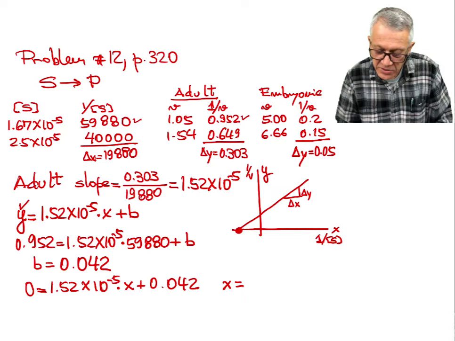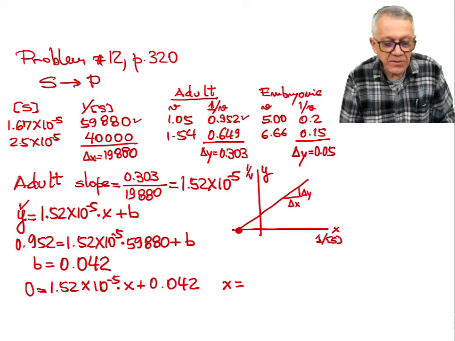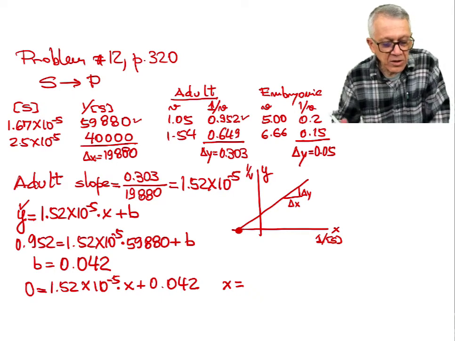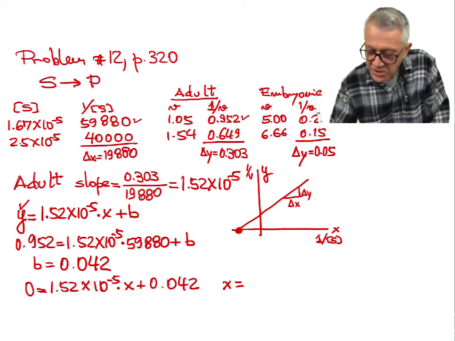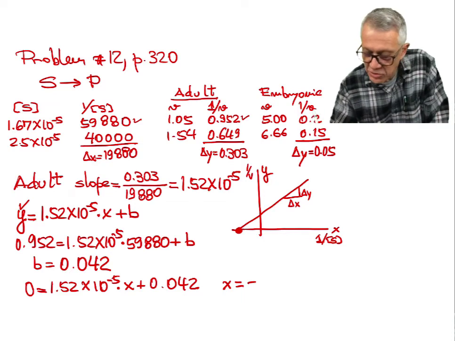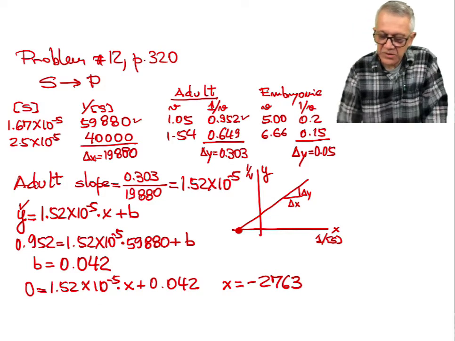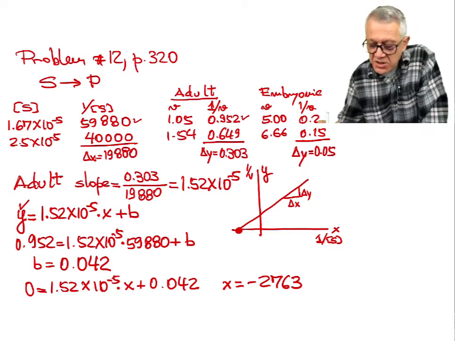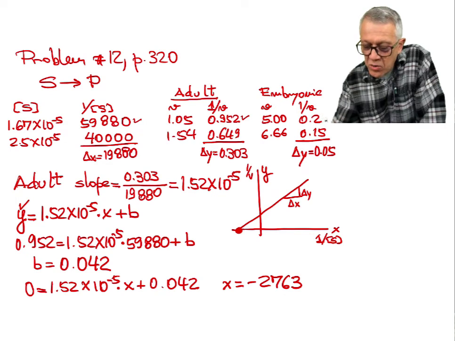Okay, so minus, all right, so x gives us minus 2,763. And what's this x in here? This is the x when y equals 0. So this x in here, that's negative 2,763.